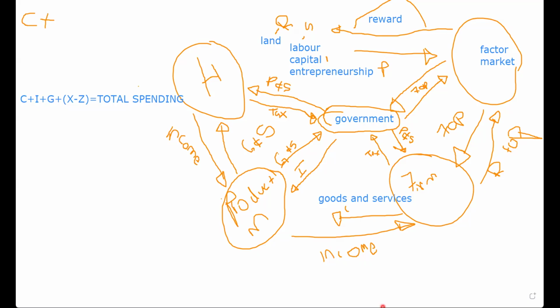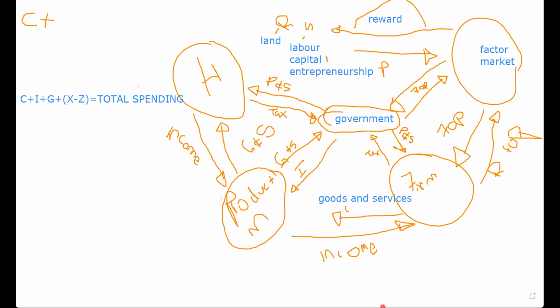The goods markets then also take the goods and services and sell them to the households. Then the households also pay for these goods and services to the goods markets, which is regarded as expenditure by households. So when households purchase goods and services in the goods market, it is regarded as expenditure because they are spending their income that they've earned from the factors of production to purchase goods from the goods market.